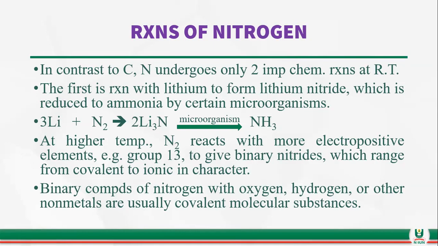So what is this? It can form both covalent bond character and ionic bond character. Binary compounds of nitrogen with oxygen, with hydrogen, or other non-metals are usually covalent molecular substances. Of course, immediately the non-metals bond with nitrogen, they will form covalent bonds because it is not by transfer of electrons.